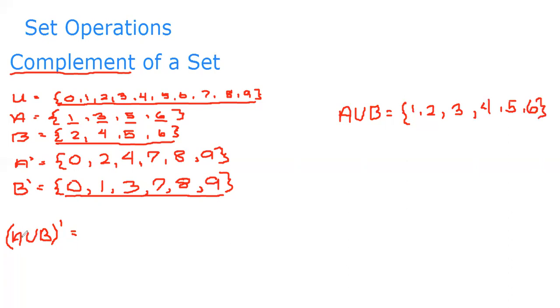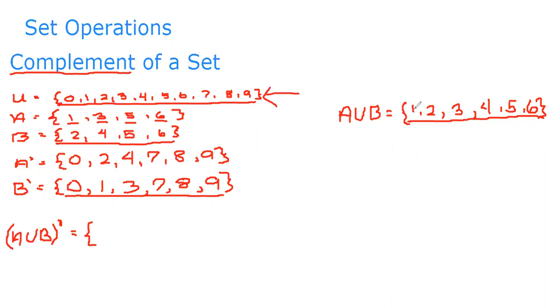Now, what we're talking about is A union B complement. So it means we're going to get the complement of this set. Tingnan ulit natin sa universal set.